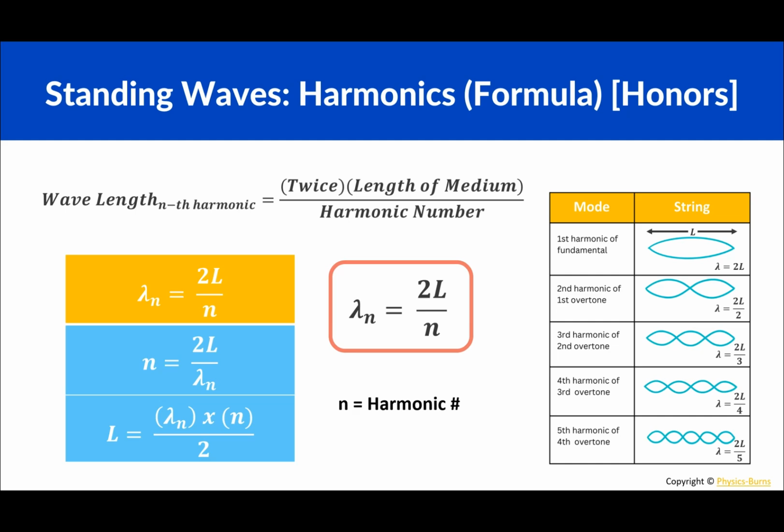Okay, so here is the standing waves formula. The wavelength of the nth harmonic, so depending on what the frequency is, is equal to twice the length of the medium, divided by the harmonic number. A lot of times, for now, we're going to be talking about the length of the string, but whatever the medium is. An easy way when we're doing standing waves is that the harmonic number is going to be equal to the number of antinodes.